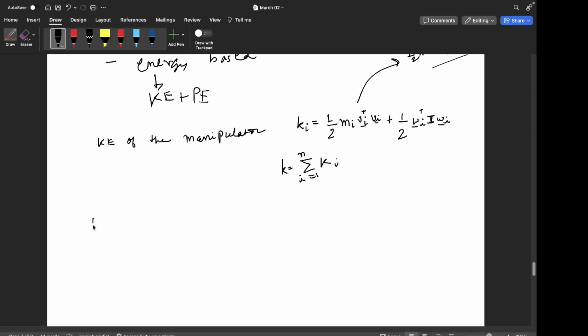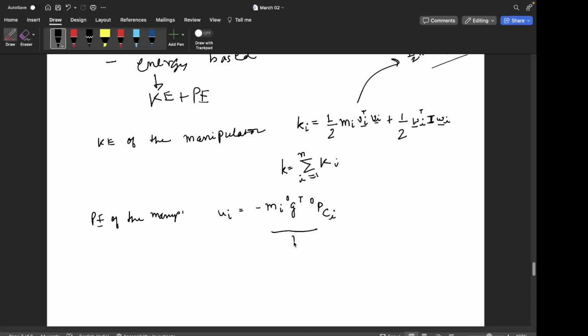Now potential energy of the manipulator. The potential energy is due to gravity. So U_i is minus m g, dotted with the position vector to the center of mass.